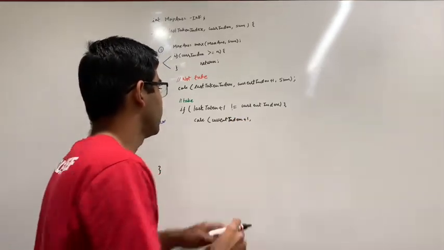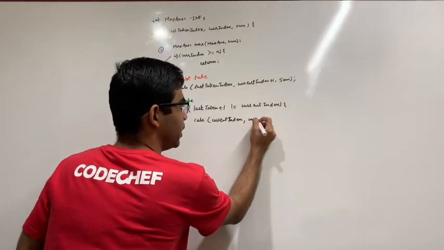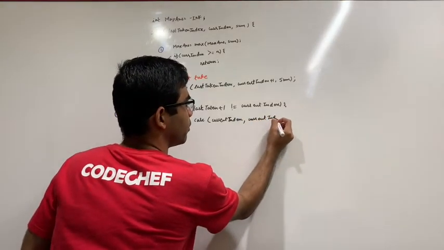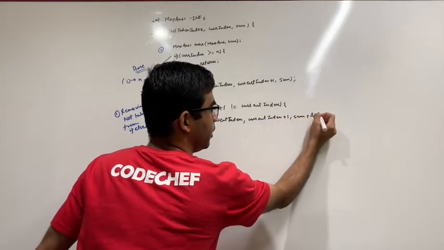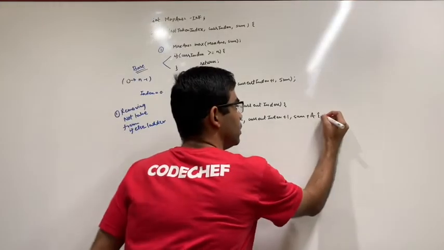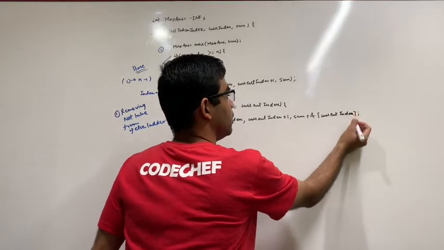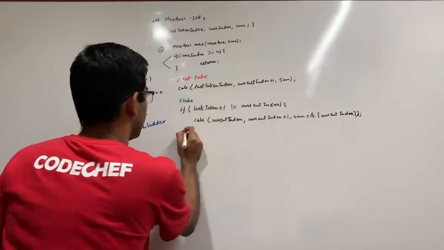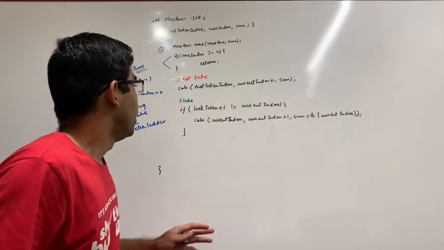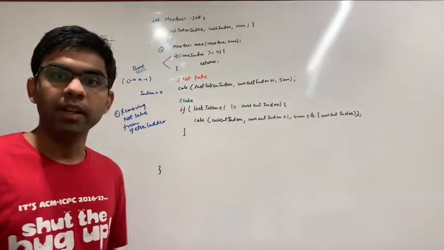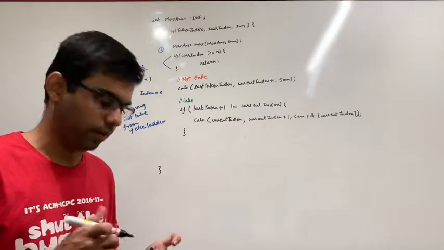I'll increment my current index by 1. And I'll increment my sum by the value at that index. So in this way, we have made our function look easier and more optimal than the previous solution by removing the unnecessary if-else ladder.